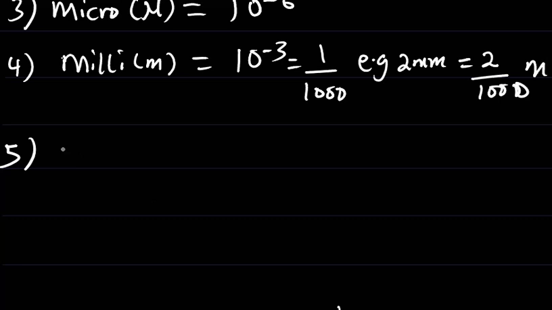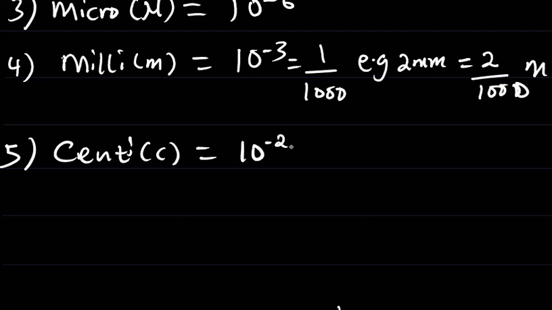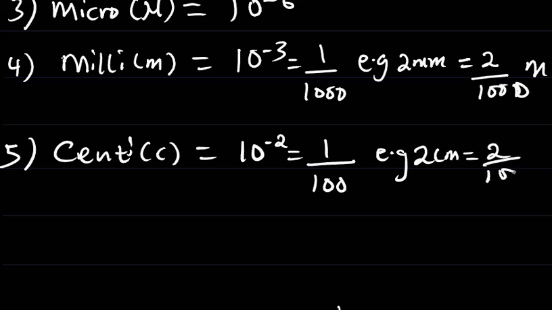Then we now have centi, C. This is 10 raised to the power minus 2, which is the same as 1 over 10 raised to the power 2, which is 1 over 100. So for example, 2 centimeter is equal to 2 over 100 meter.